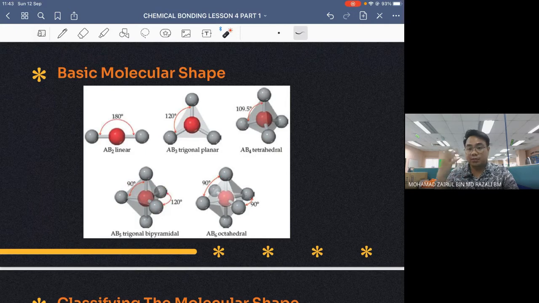After this saya akan explain in great detail macam mana awak nak tahu dia punya angle itu. And the last one, if you have 6 bonding groups around the central atom, dan the central atom itu tidak ada lone pair, the molecular shape we call octahedral. And octahedral has a bond angle of 90 degrees.